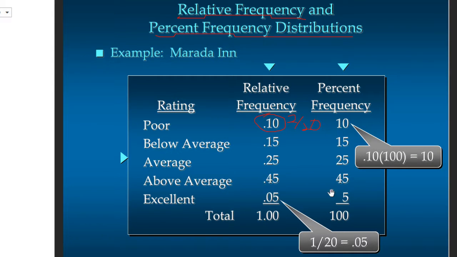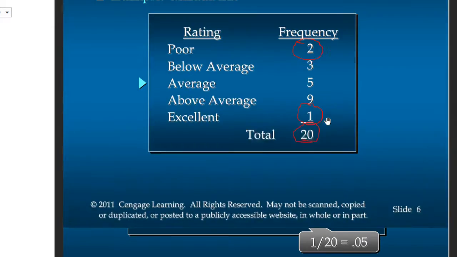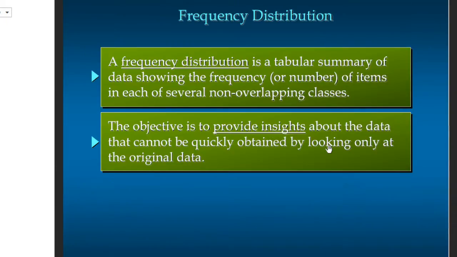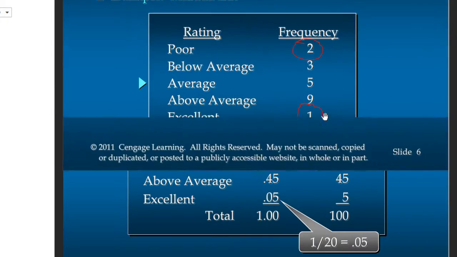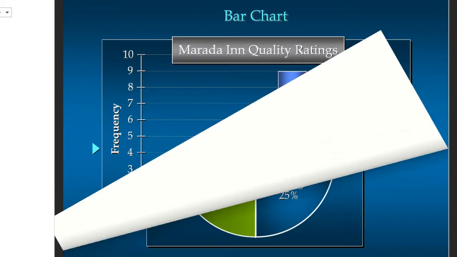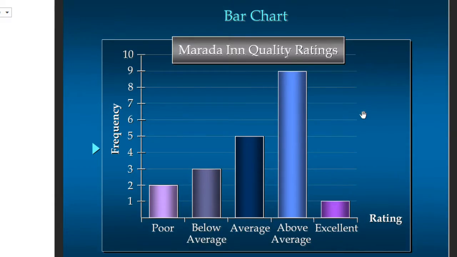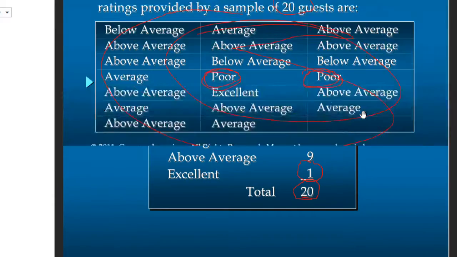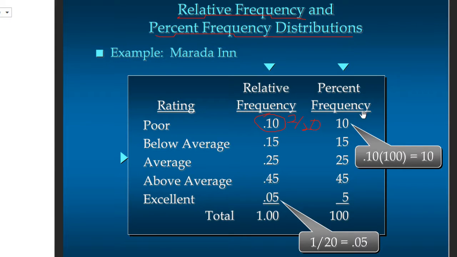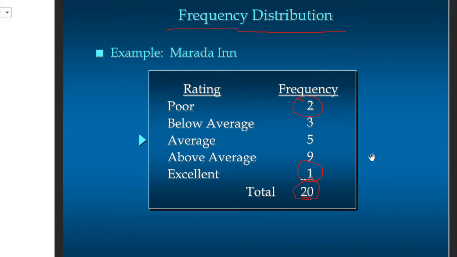If you add all these percents, now it becomes 100, right? So that percent frequency table is also basically from here, right?